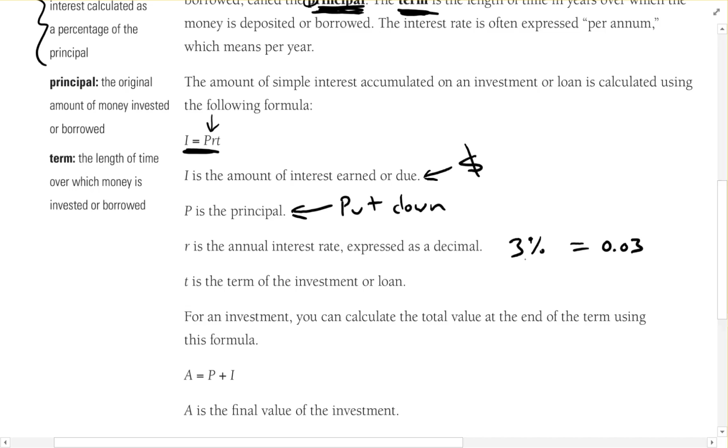You can think about the decimal as being over here behind the 3. It moves over twice, and that's how we got this. Or you can say we divided it by 100. You get the same thing. If you divide a percentage by 100, you get the decimal. That's the number that goes in for R. And then T is the term of the investment or the loan, and that's going to be in years.